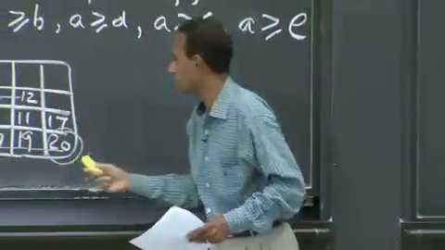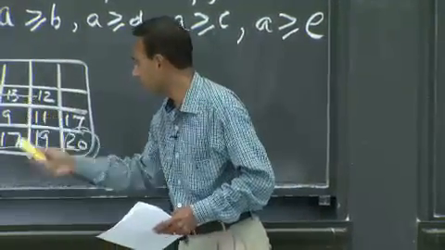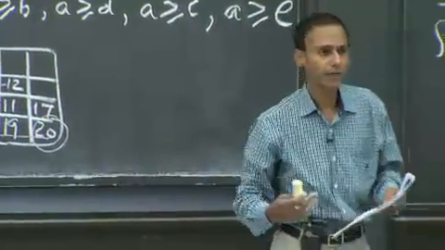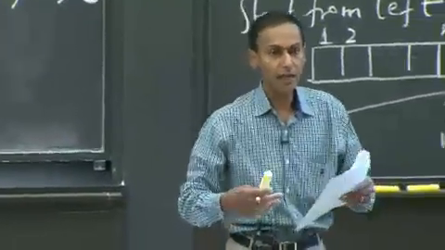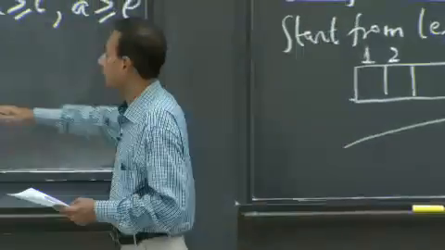In this case, we ended up touching a bunch of different elements, and it's quite possible that starting from the midpoint you could end up touching half the elements, and in some cases touching all of the elements.